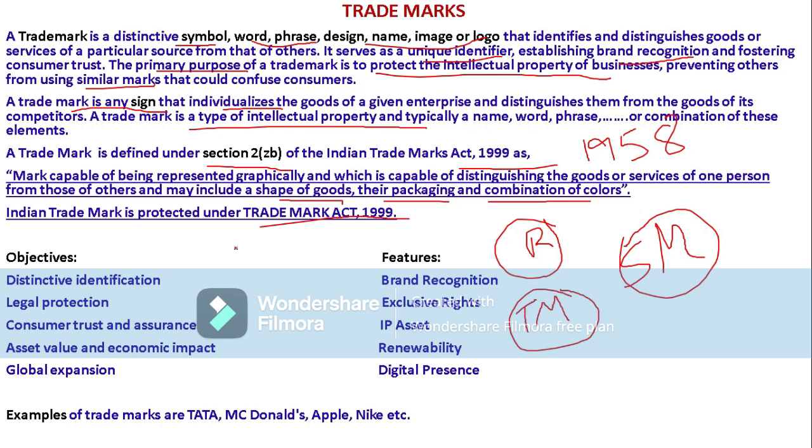What does this Act deal with? The Act deals with protection, registration, and the prevention of fraudulent use of trademarks. So the Indian trademark law deals with the protection, registration and prevention of fraudulent use of trademarks.